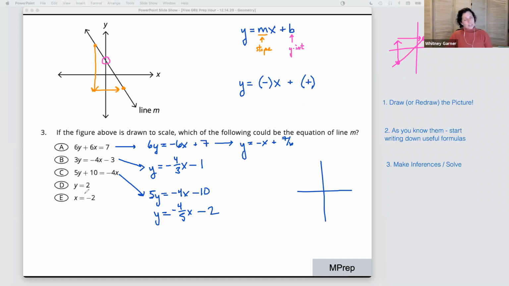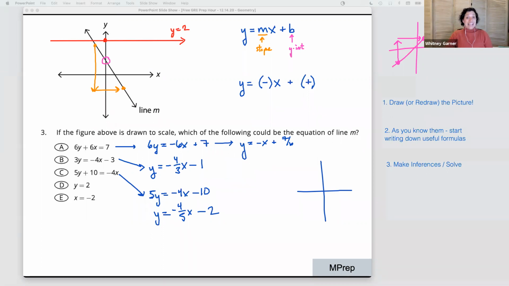The last two are lines that usually mess people up. These are horizontal and vertical lines. So the line of y equals 2 is a line where every single y value on it would be 2. And so y equals 2 is going to be a horizontal line that crosses on the positive side.